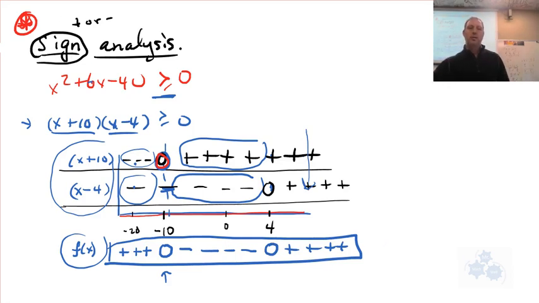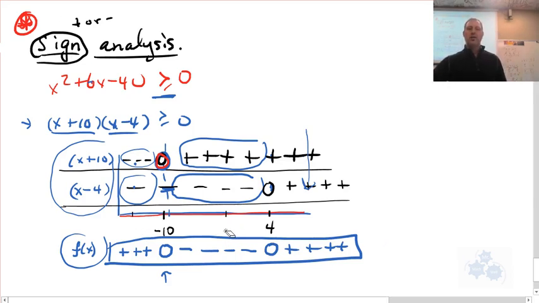So this is a nice visual and actually makes it pretty easy for you to see now what the solutions are to this. So where is this expression that's made up of these factors, where is it positive or 0? Well, it's 0 here and positive over there. 0 here and positive over there.